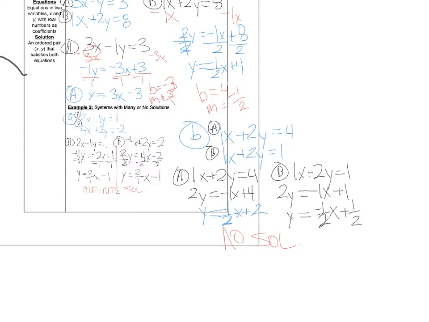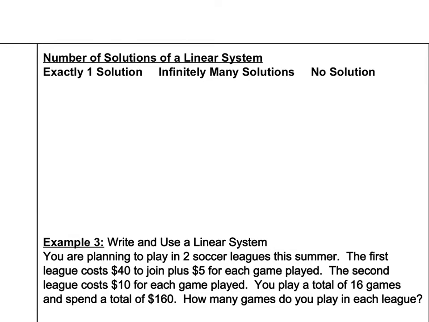Let's take a look at example 3. Okay, gang, actually before we move on exactly to example 3, we got these 3 parts up here. Exactly one solution means that the lines are intersecting, and there's one solution right there where the two lines cross.